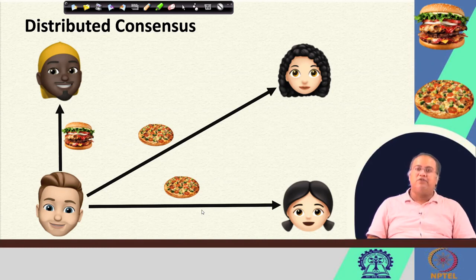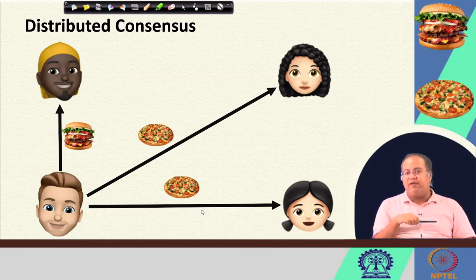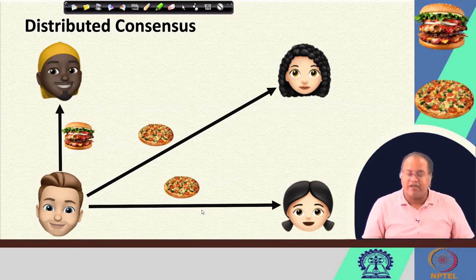I am going to say something to some of my friends and something different to my other friends. That might also happen, because remember that you do not trust your friends. Even in a centralized architecture, if you assume your friends can behave fraudulently and try to impose their own choice, the same thing might happen here. Your friend may inform the ladies that I want a pizza and the boy that I want a burger. So life might become challenging.